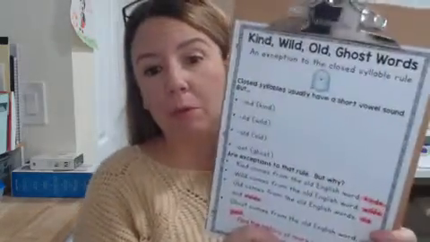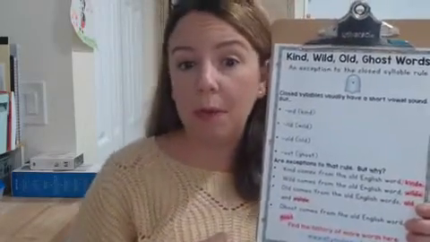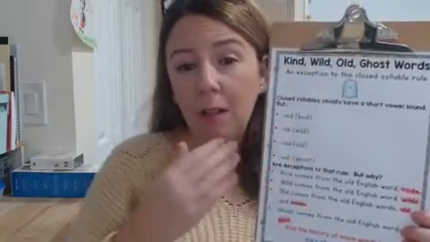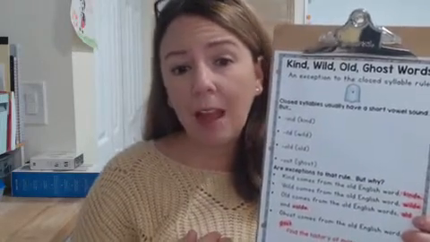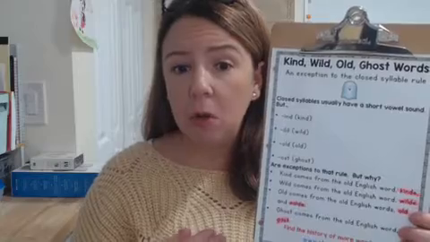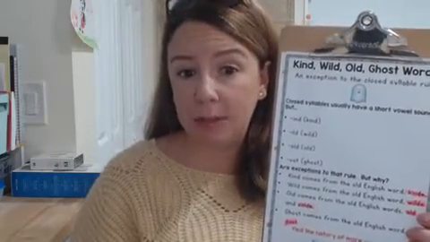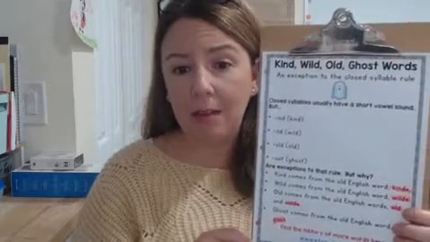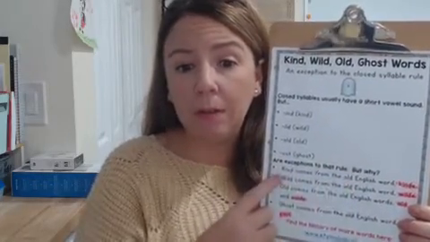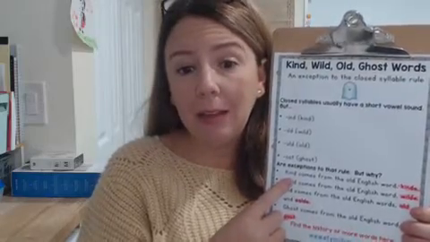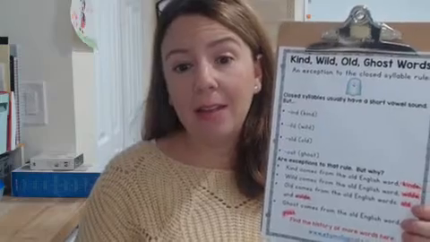So in this poster, this is something that I always introduce with my students first. First of all, looking at those words and opening up a conversation. Why would these be called exceptions? Why don't they have the E at the end? And what I've done is pull out examples that, well, KIND used to be spelled KINDE.